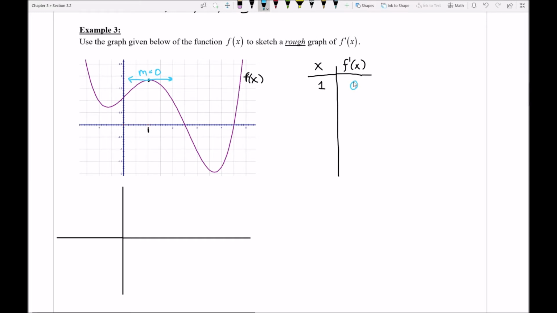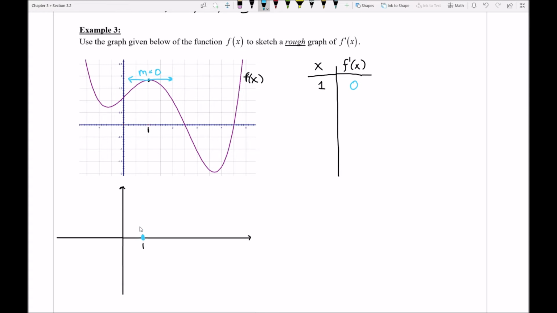It should be telling me 0. So on the graph of my derivative, I should have a point (1, 0). This is a point on my derivative graph, and so I'm going to sketch this out in blue.